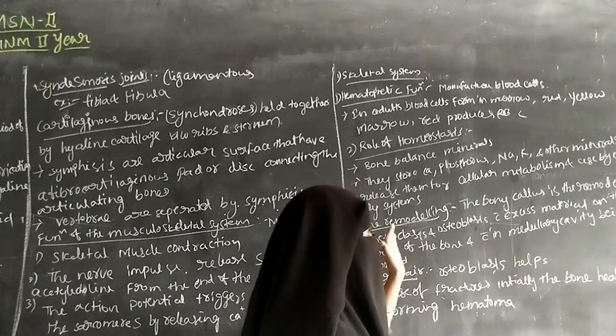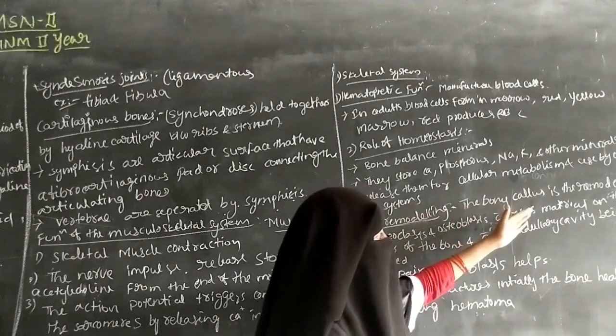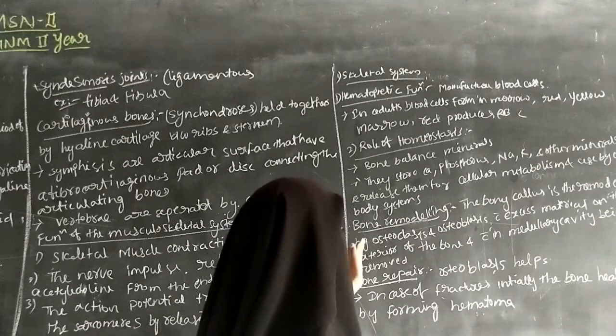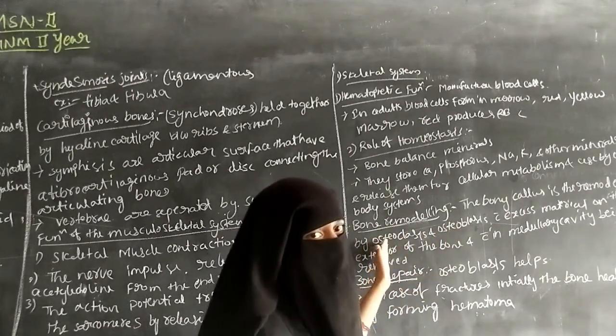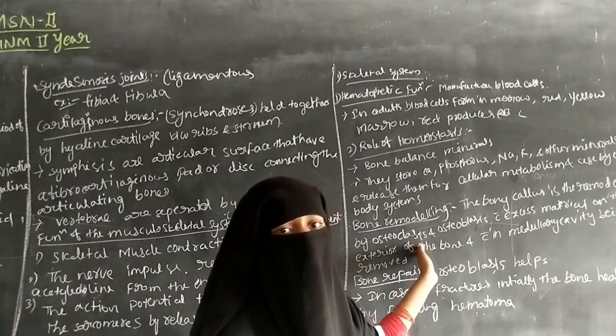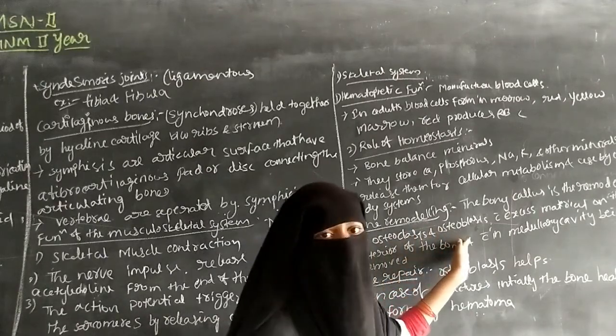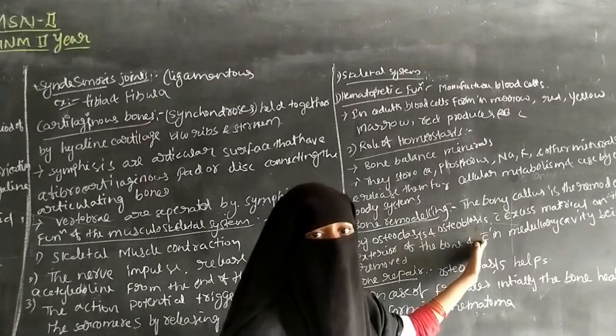So remodeling is nothing but the bony callus being remodeled by the osteoclast and the osteoblast. Osteoclasts help in removing the damaged cells, and osteoblasts help in the formation of the cells.